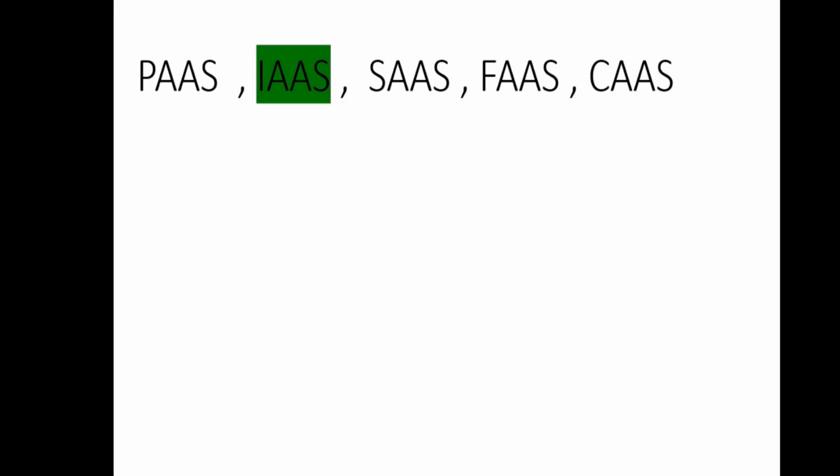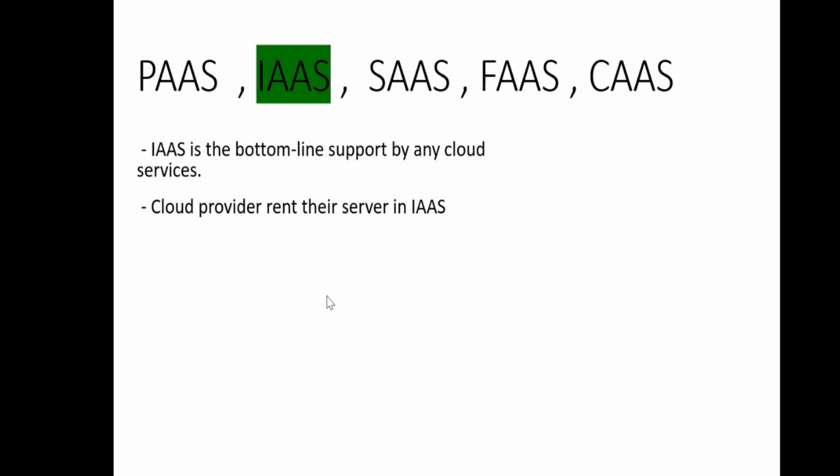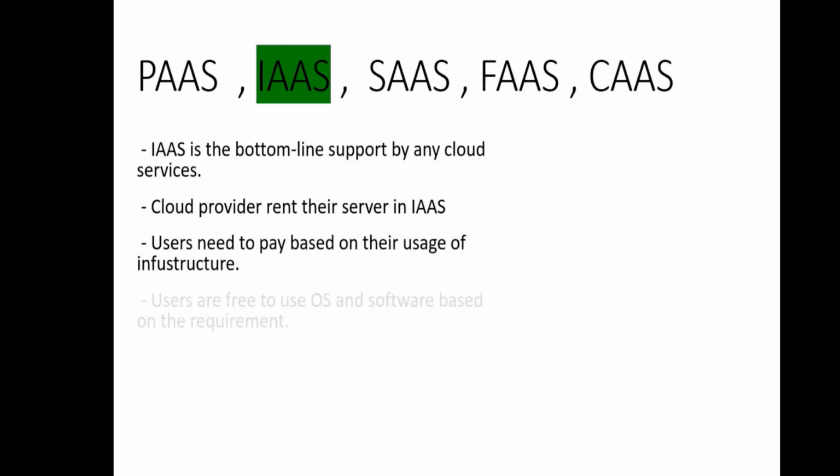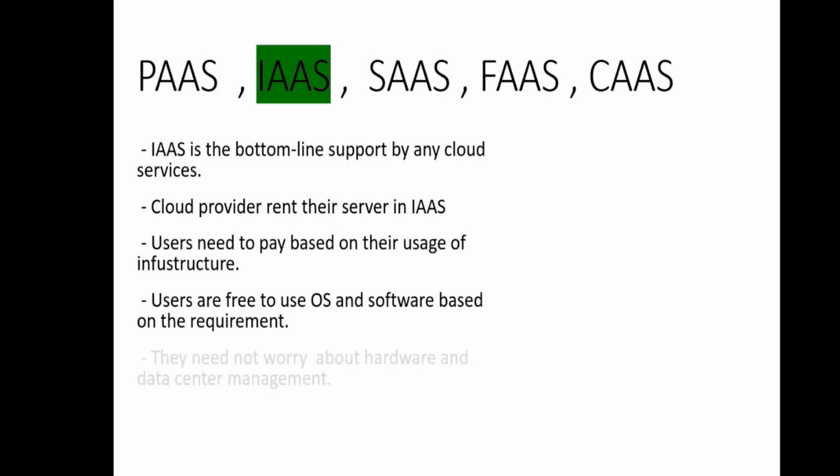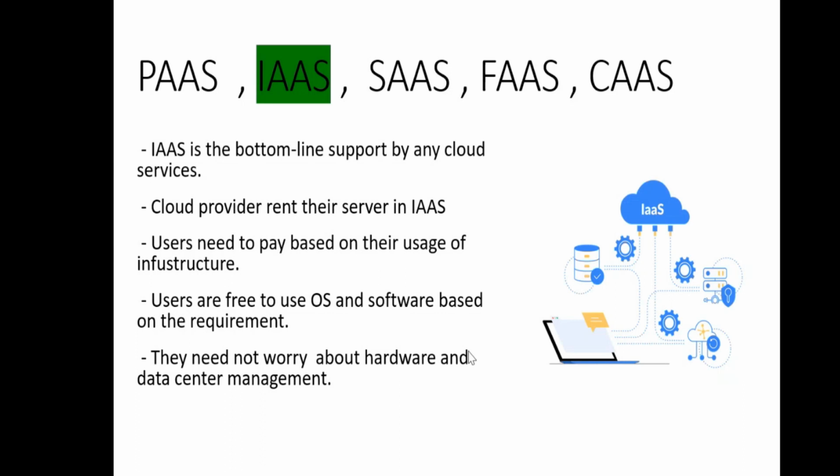When I say infrastructure as a service, it means the infrastructure is supported by the cloud services. The cloud provider rents out their servers in infrastructure as a service. The user needs to pay based on their usage of the infrastructure. Users are free to use OS and software based on the requirement. They need not worry about hardware and data center management.